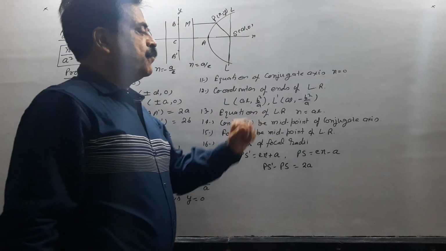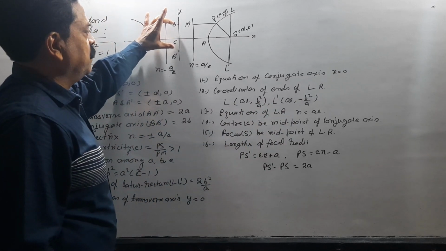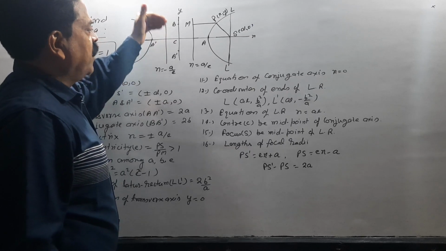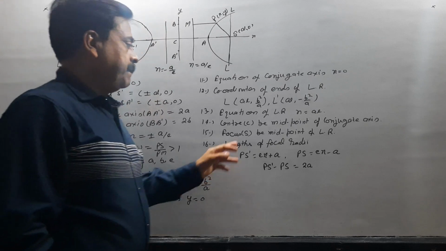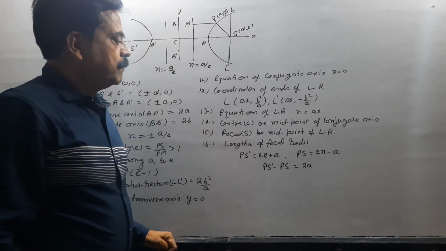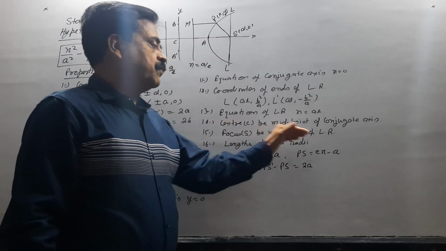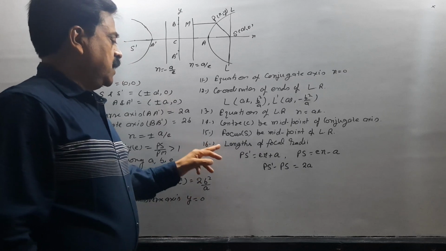Center C is the midpoint of the conjugate axis; B and B dash are points on the y-axis equally distant from C. The focus is the midpoint of the latus rectum: S is the midpoint of L L dash.